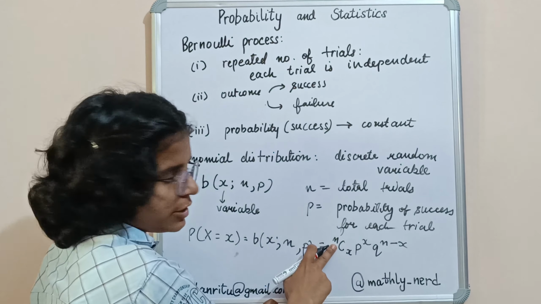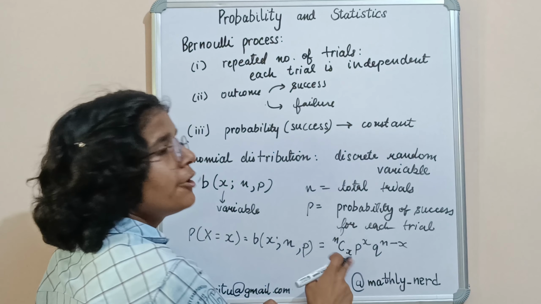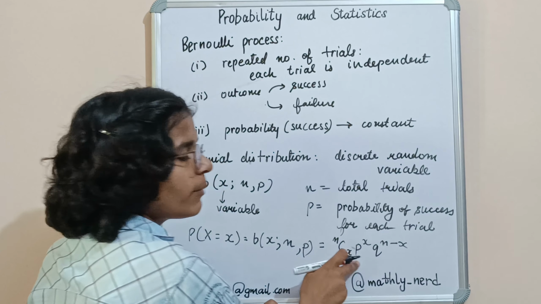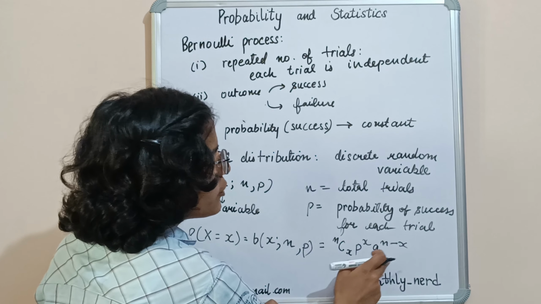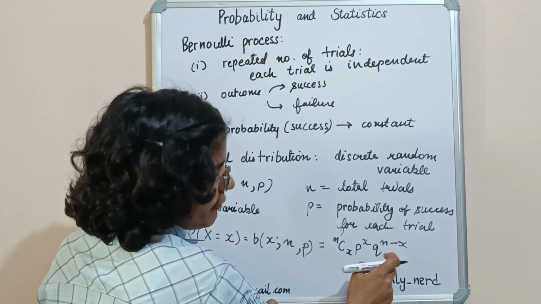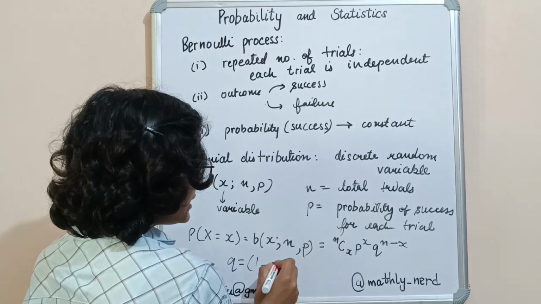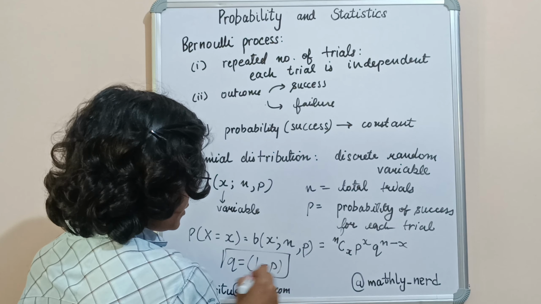Now n is total number of trials, x is number of success from n trials, p is probability of success, and q is probability of failure. And q equals to 1 minus p in binomial distribution.